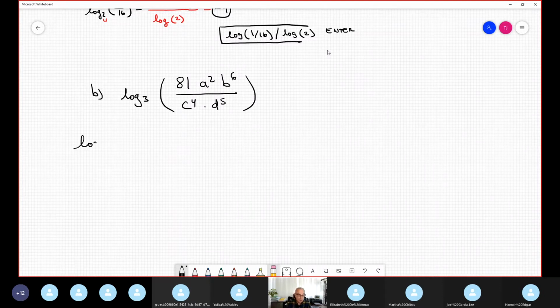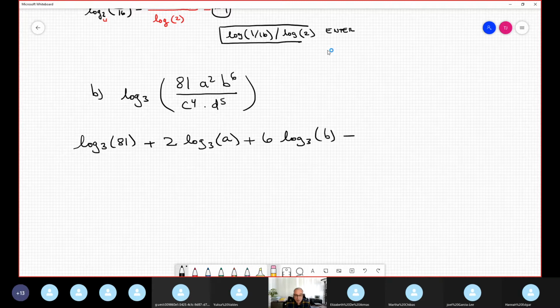First of all, the logarithm of base 3 of 81, I need to compute this value because it's numerical. Plus 2 times the logarithm of base 3 of A. Remember, the exponent goes to the front as a factor. Plus 6 times the logarithm of base 3 of B, minus, everything in the bottom is minus, 4 times the logarithm of base 3 of C, minus again 5 times the logarithm of base 3 of D.